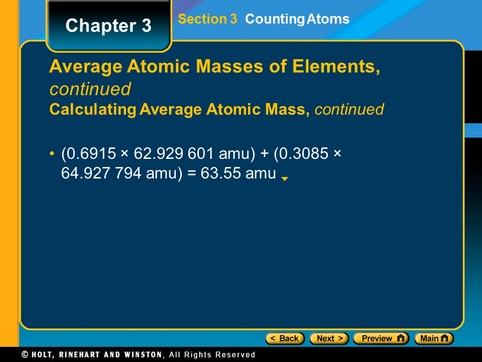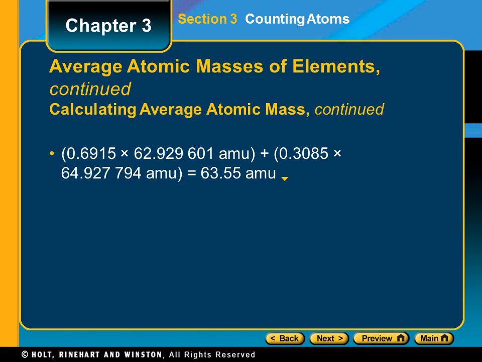So, 69.15% becomes 0.6915 times 62.929601 AMUs, plus 30.85% becomes 0.3085 times 64.927794 AMUs.